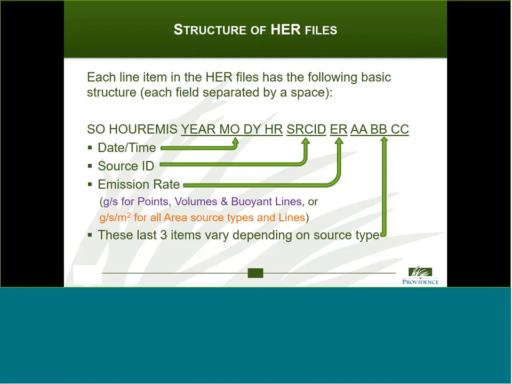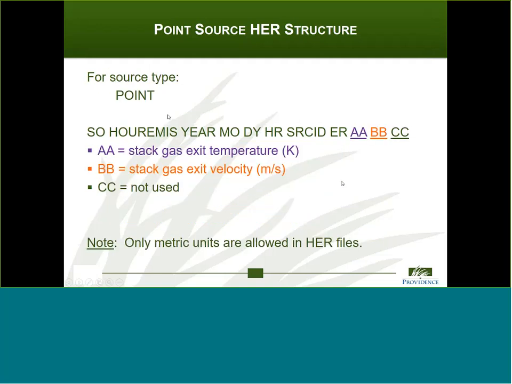And then if you're modeling an area source, any kind of area source or a line source, the emission rates need to be in grams per second per meter squared. Otherwise, it will not be representing the right rate. Okay, so that's the general structure of each line in the hourly emission rate file.